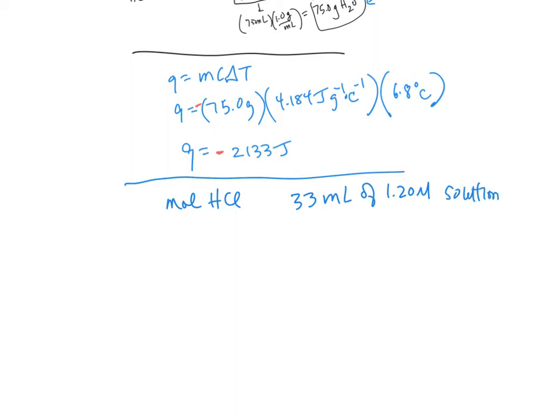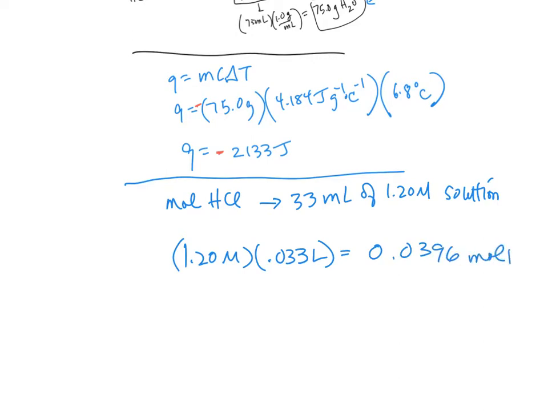So we know that molarity times volume is moles. So we're going to say 1.20 molar times 0.033 liters. And that is going to be equal to 0.0396 moles of HCl. Now you don't take the 75 grams of solution and try and use molar mass for HCl to get moles of HCl. That is absolutely incorrect. You want to use molarity times volume is moles. So molarity times volume equals moles.